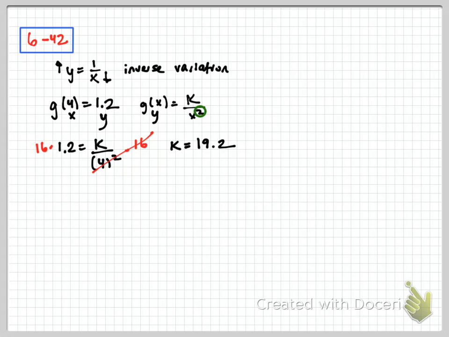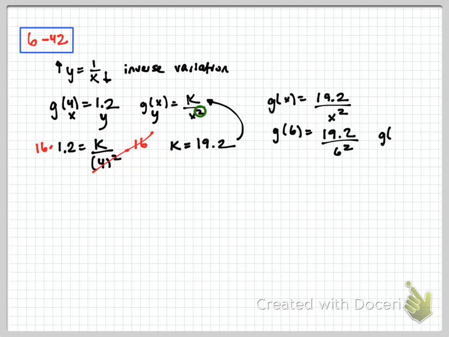With that, we can go ahead and write our equation in. We did all that to solve for k. So now our new equation is g of x equals 19.2, which is our constant, all over x squared. And then it just asks you to evaluate a couple numbers. Our first input's 6. So g of 6 will be your input, 19.2 over 6 squared.